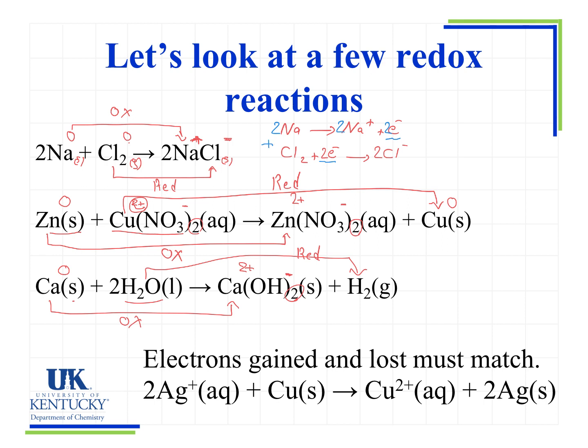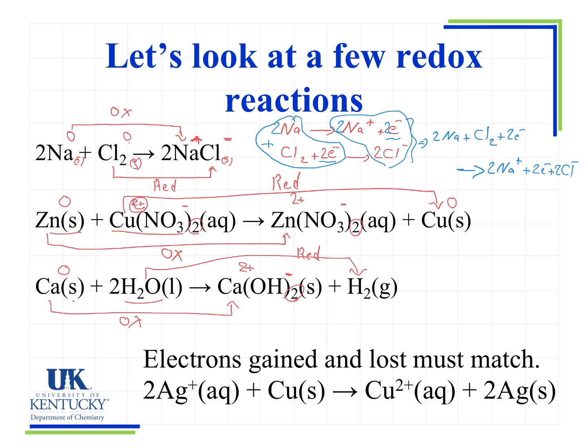If you add these two, so basically you write 2 Na. First I write all the reactants. So you write all the reactants, so plus Cl2 plus 2 electrons gives you the product, and you write all the products: 2Na plus, 2 electrons, plus 2 Cl minus, right?